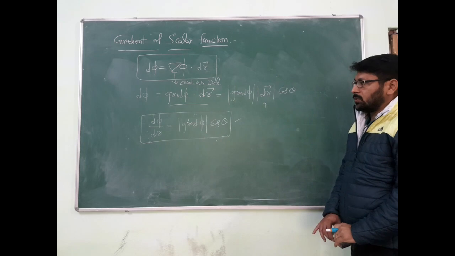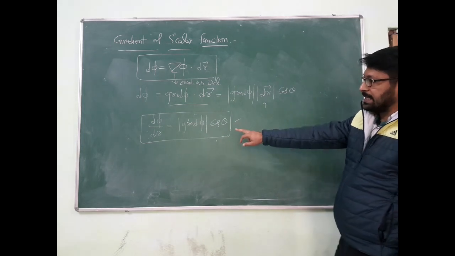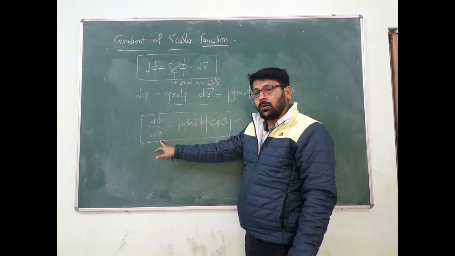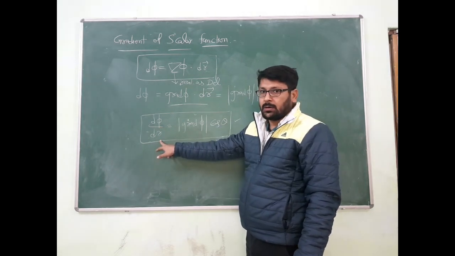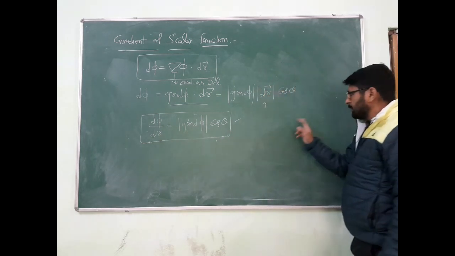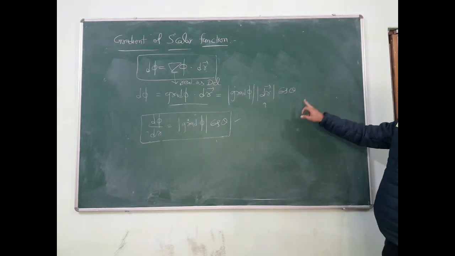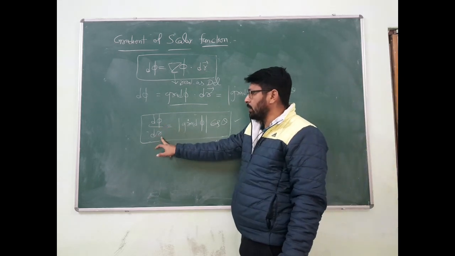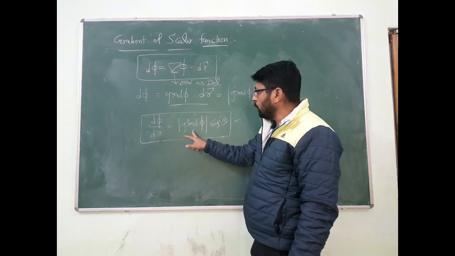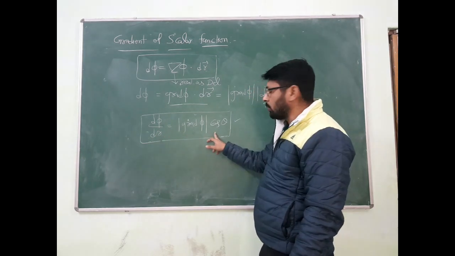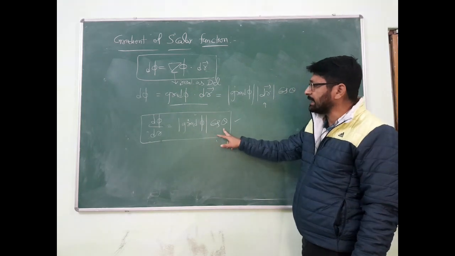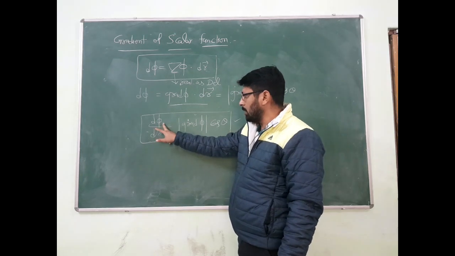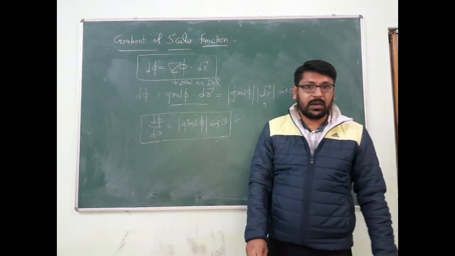Now see what the left hand side is. This is the change in phi with respect to displacement r. In the figure, if you remember, we moved from P to Q and our displacement was dr. So d phi by dr is equal to the magnitude of gradient of phi into cos theta, and theta is the angle between grad phi and the displacement.